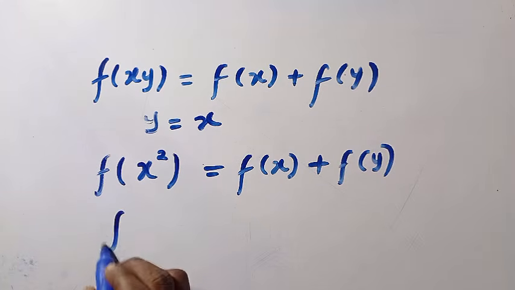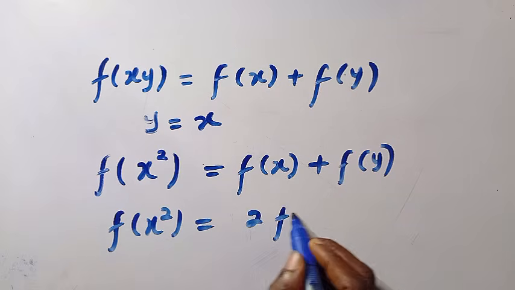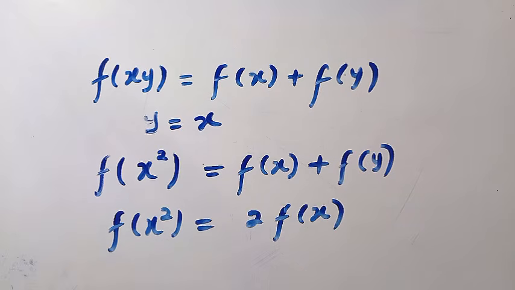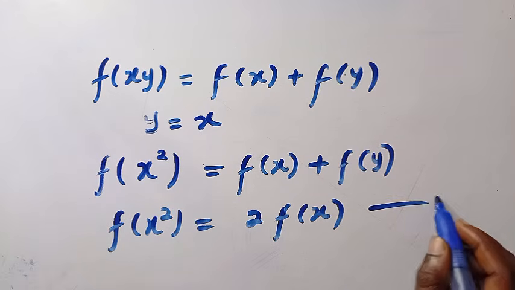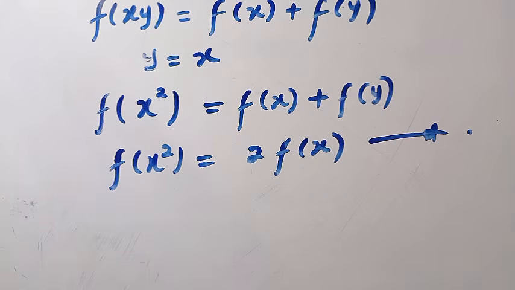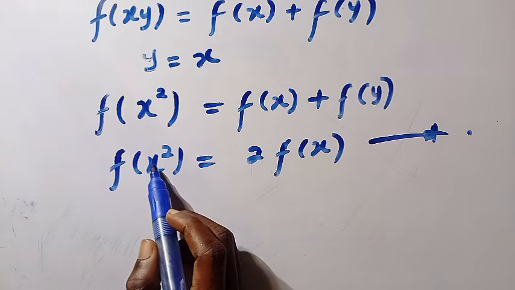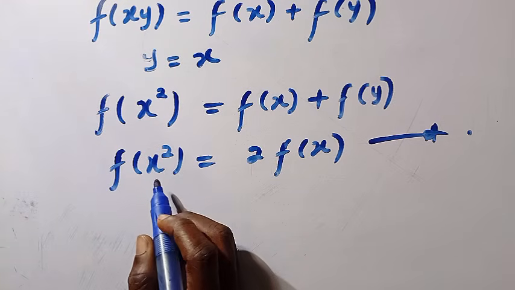So f of x squared equals 2 f of x. Now, instead of x, I'm going to replace y with x squared.